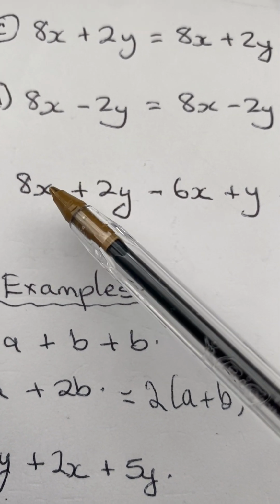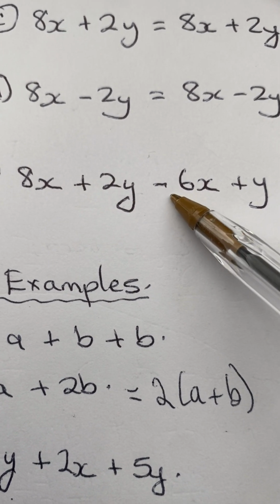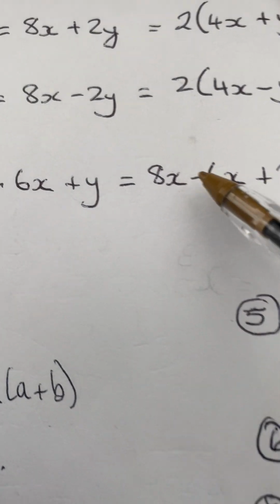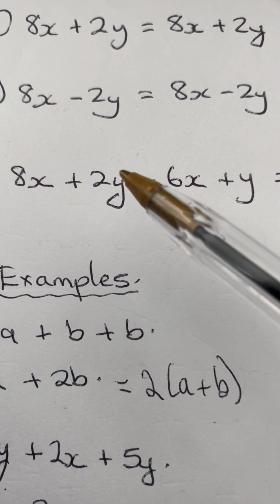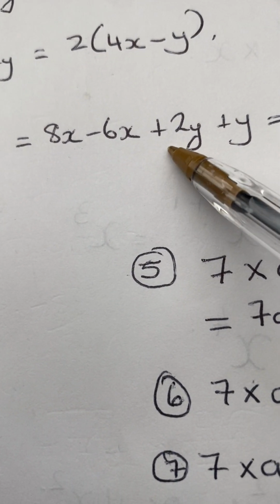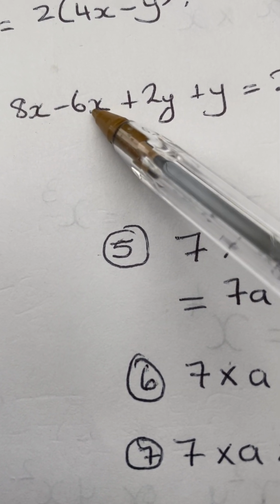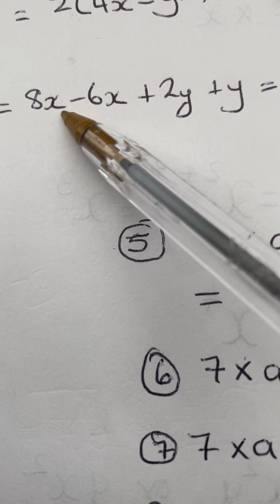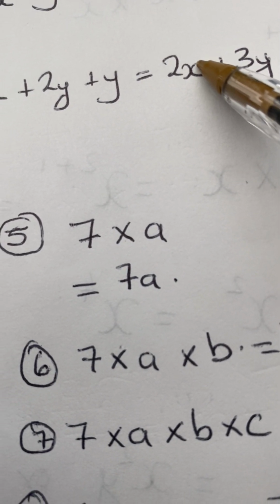Now here we have 8x minus 6x add 2y add y. So these are like terms, so we can put them together, 8x minus 6x, and 2y add y. So 8x minus 6x will be 2x. It's like having 8 apples, you take out 6 apples, so you are left with 2 apples.